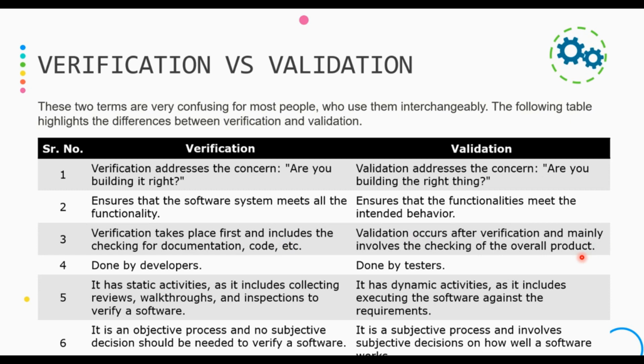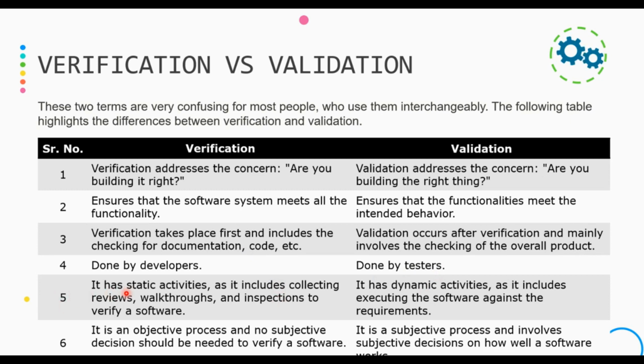So these things will be checked in this phase. The verification reports or documentation, whatever reports are generated, are nothing but an input for the validation phase. Then this is done by developers, and this thing is done by testers.